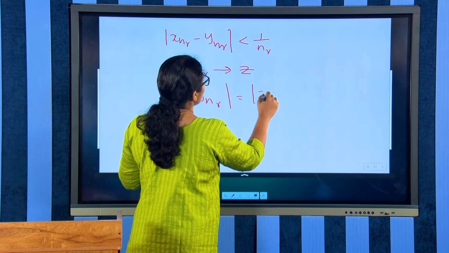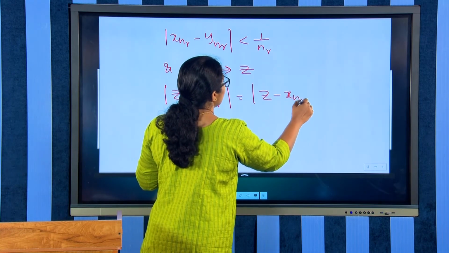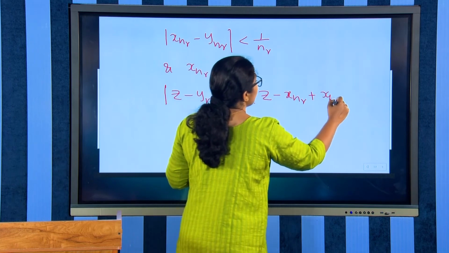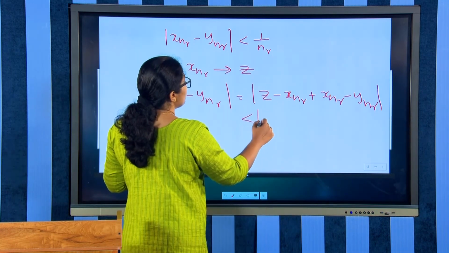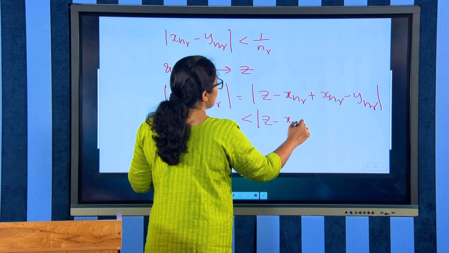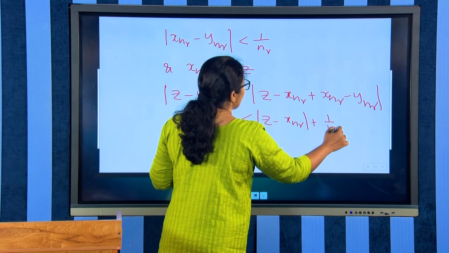This is equal to modulus of z minus xnr plus xnr minus ynr, which is less than modulus of z minus xnr plus 1 by nr.